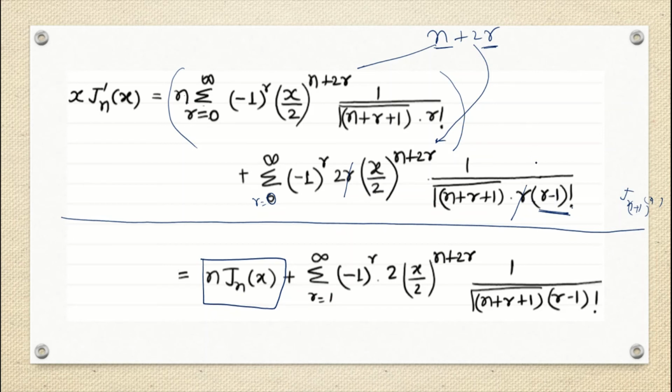Why? Because if my r is 0, it is negative 1 factorial, and we know that factorial of a negative is undefined, right? So this is undefined, so we have to do some arrangement.